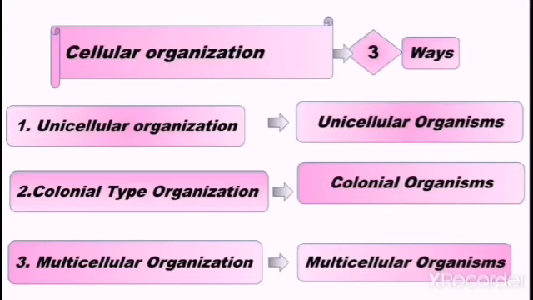Now we discuss all these 3 types of cellular organization. But before going to discuss this, students, do you know why cells are organized? Cells are organized to make the organisms. The first organization is unicellular organization. Uni means single and cellular is from cell. So, what is unicellular organization?